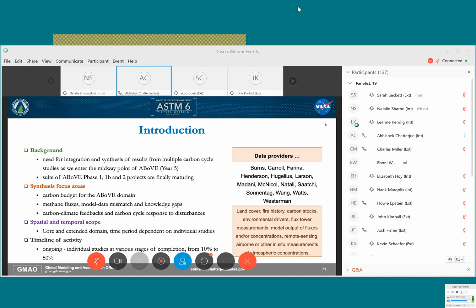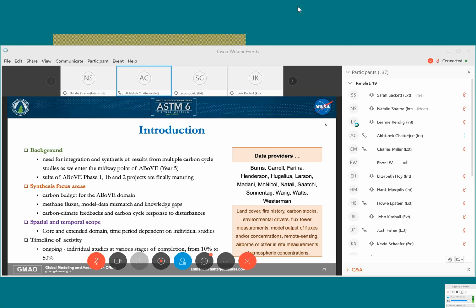However, not all of those took off. I think it was primarily dependent upon volunteers to sign up for a particular activity and lead them. What ended up happening is these three synthesis focus areas that I've mentioned here. Those are the three activities that picked up steam, and I'll give a bit more detail about them and some of the early results in a minute.